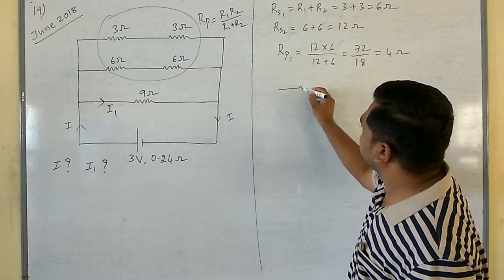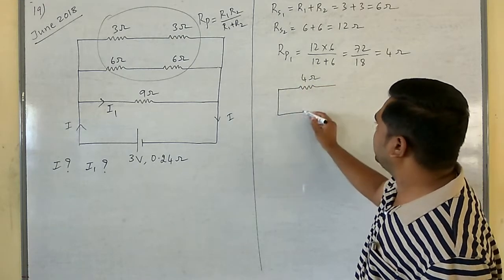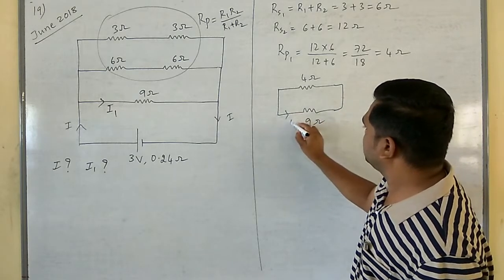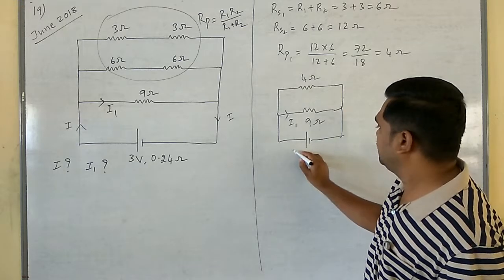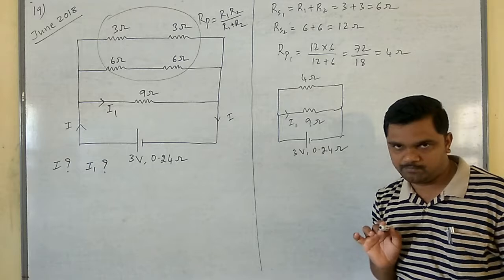I will write the 4 ohm like this. Next, the 9 is here. This is I1. This is the cell, 3 volt, 0.24 ohm.